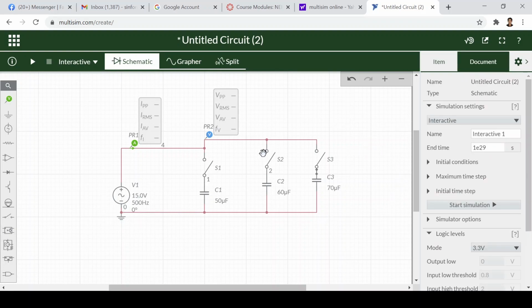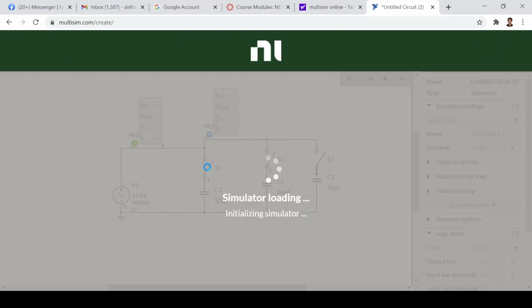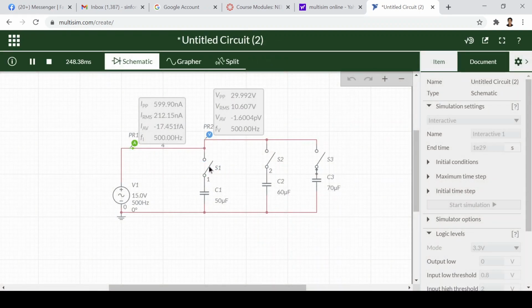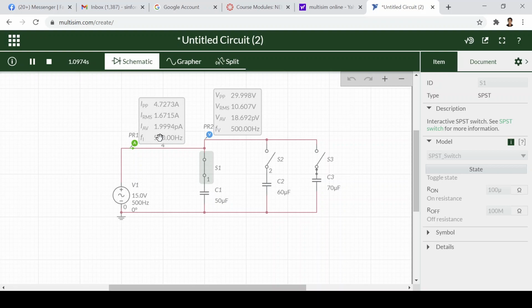Now I can run the circuit for the run 1 first trial. We shall close this switch S1, and C1 is connected to the 15 volts peak value. This is with a frequency of 500. We can see that it is 1.67 ampere and 10.607 volts, the voltage across the supply.